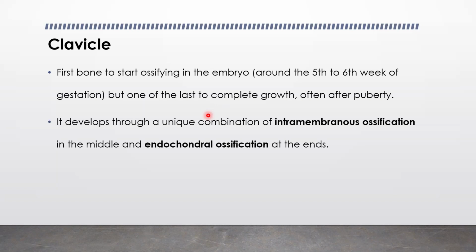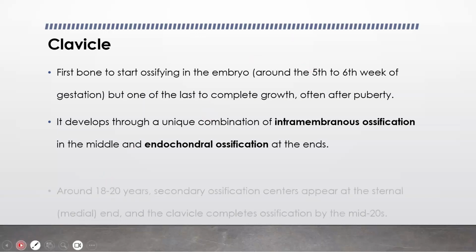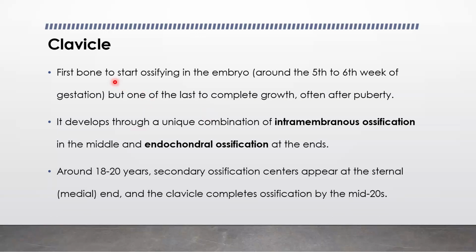Those cartilages formed a hyaline cartilaginous model, which had chondrocytes. Osteoblasts then came in, depositing osteoid in the cartilage, giving you those bones that are formed there. The other point to appreciate is that the clavicle is among the last bones to ossify.